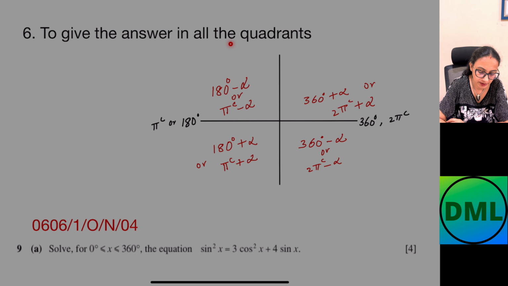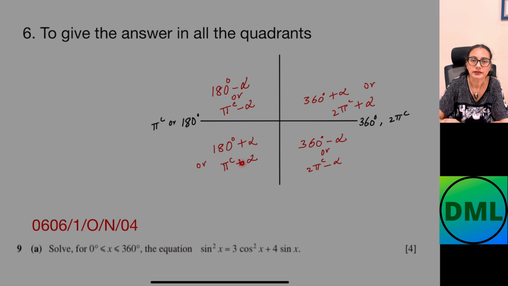To give the answers in all the four quadrants, if we have to go in the first quadrant, we write the basic angle alpha only. If you have to go to the second quadrant, you will write 180 degree minus alpha, or in radian mode pi radian minus alpha. If you have to go to the third quadrant, you will write 180 degree plus alpha or pi plus alpha.